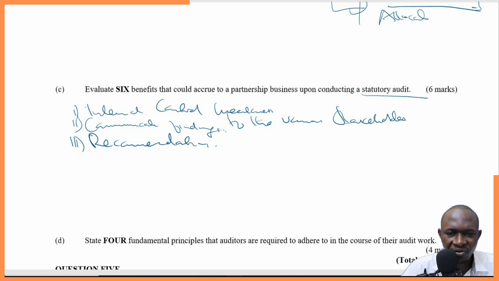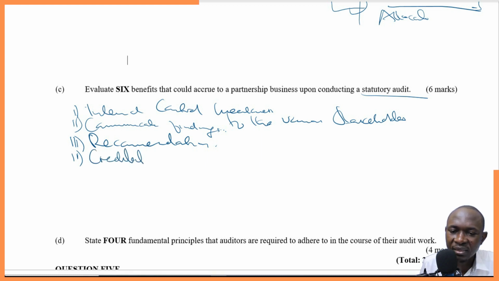So we said they'll benefit from the recommendations, which will of course help them to improve. It will also improve their credibility. They will benefit from the recommendation, then credibility and trust among themselves, because the chances here are that the statutory audit will be conducted by an external party.